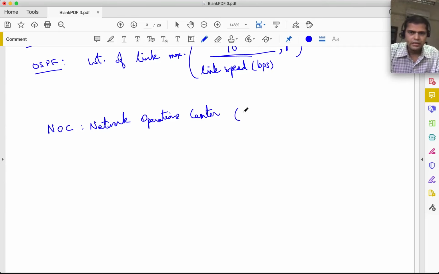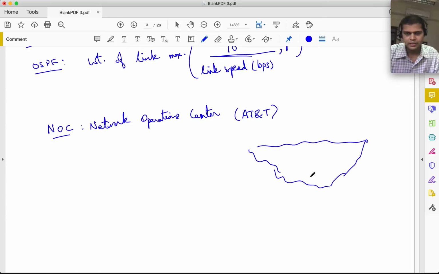And this was at AT&T, which at that time was one of the largest internet networks within the United States, right? So what these people in the Network Operations Center did is that on very large screens, they actually saw the whole map of the US, which would look something like this, and it actually had almost like an animation, showing what are the links between various cities, the large cities.